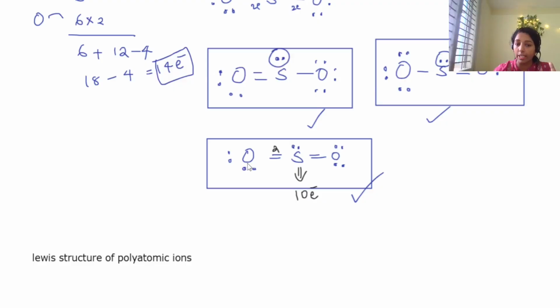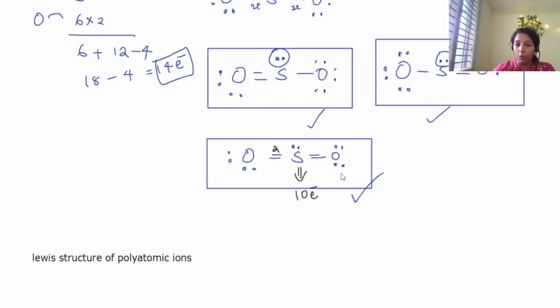But oxygen is in the second period. Up to the second period, they can't accommodate more than 8 electrons. So carbon, you can't do more than 8 electrons. It's not possible. Sulfur is okay; it can have more than 8 electrons. And oxygen prefers more double bonds, because oxygen needs 2 more electrons, so it always prefers a double bond.